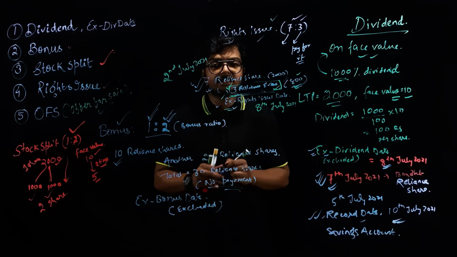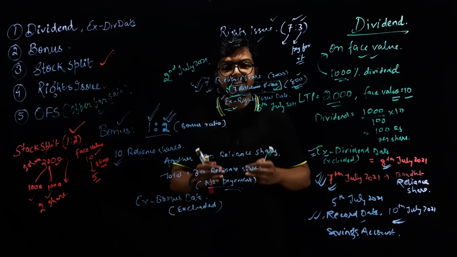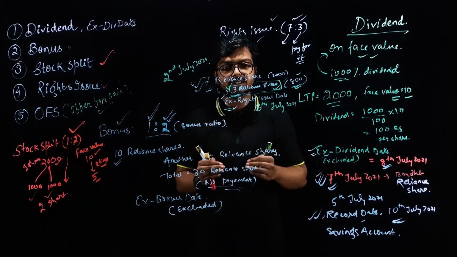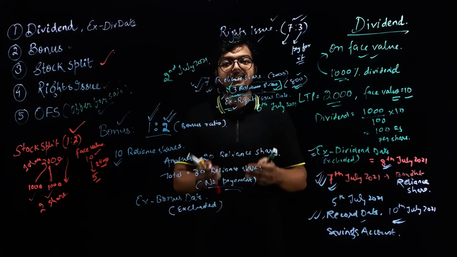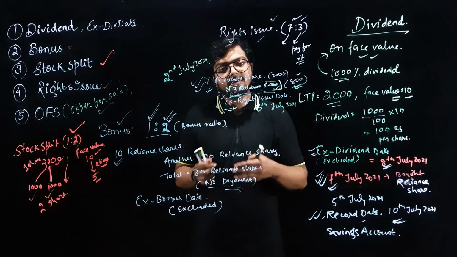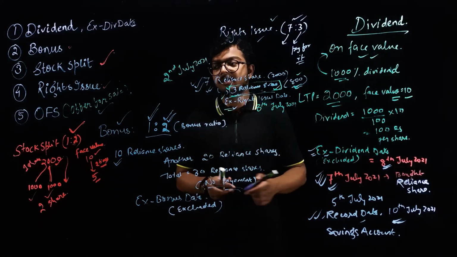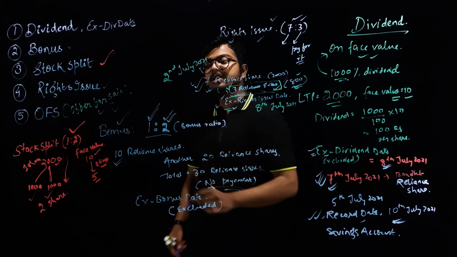So if you see any company's offer for sale, it means that the company's owners or the promoters are reducing their shares from maybe 75%, or they might be having 70%, anything, in the open market. This is known as offer for sale.